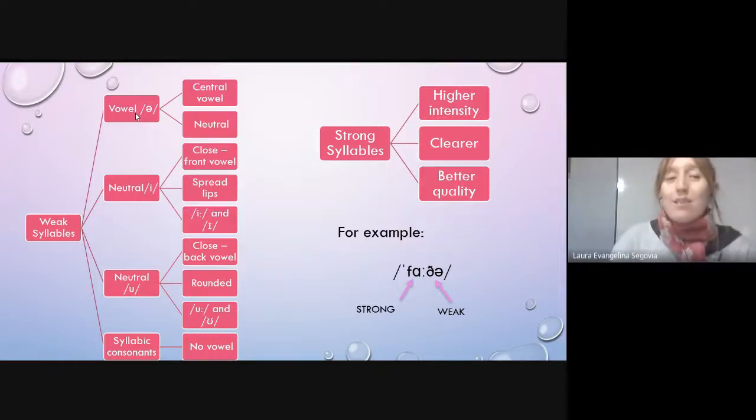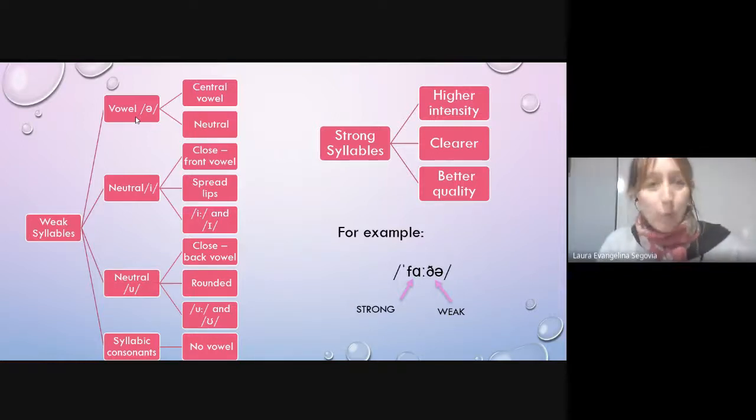Once you have a schwa, it's always weak. It's also important for you to understand that pronouncing a weak vowel is like marking it as something that is not important.